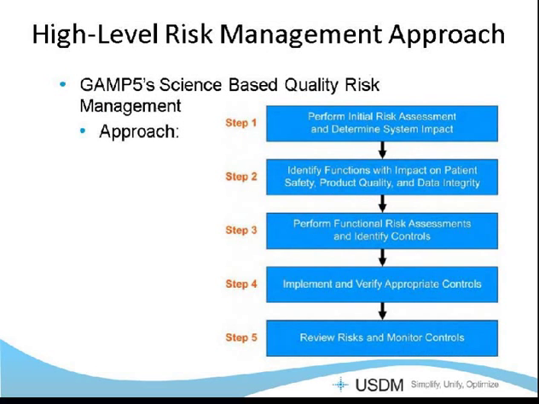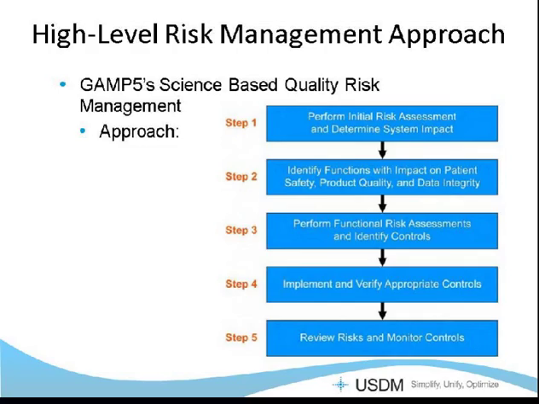A high-level risk management approach is starting off from day one when you first start planning for the system. You perform an initial risk assessment, determine the system impact. Then the system, again, we said it's application level, it's hardware level, it's instrument level, it's the people. So what's the impact on your staff? And what's the impact on training and documentation? Do you need to add more for this?